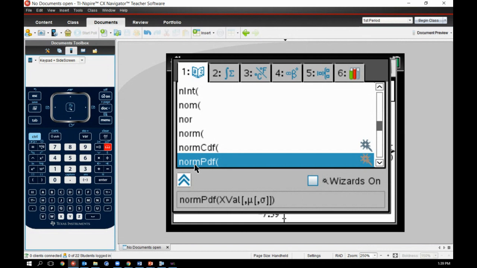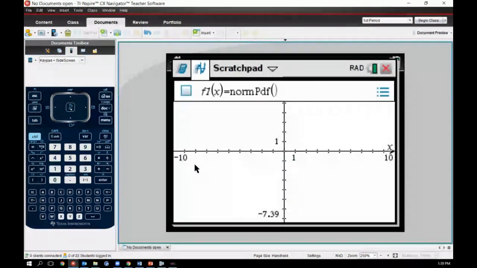Once you get that selected, you'll hit enter. If I'm going too fast, y'all just speak up. So then that comes up. Okay, well, enter your values.